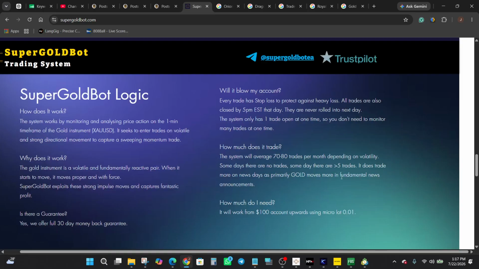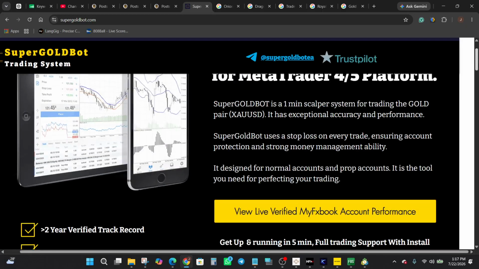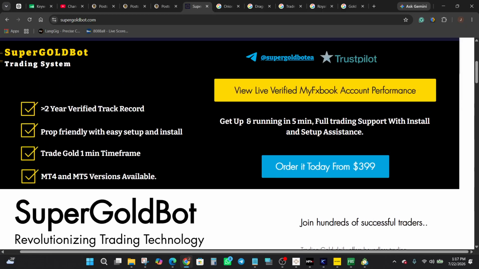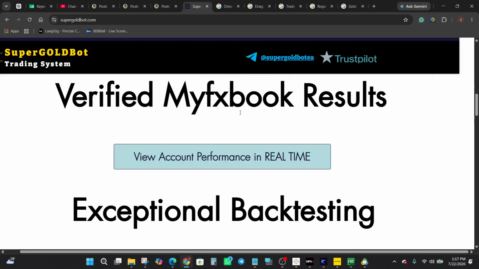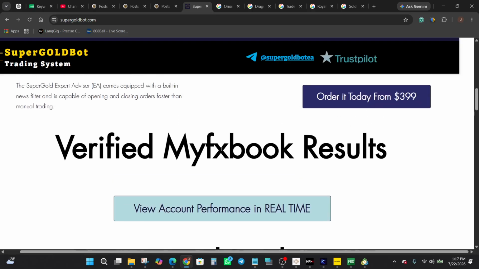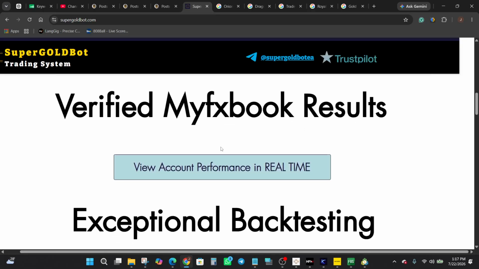The vendor also mentions a 2-year verified track record. You can see that here, a 2-year verified track record on MyFX book, and it includes a built-in news filter intended to help avoid trading through high impact fundamental news releases.